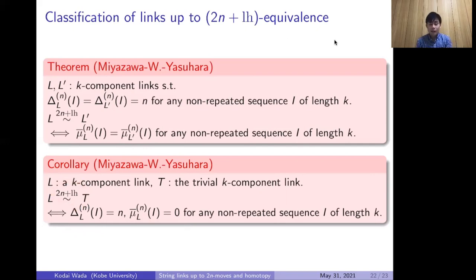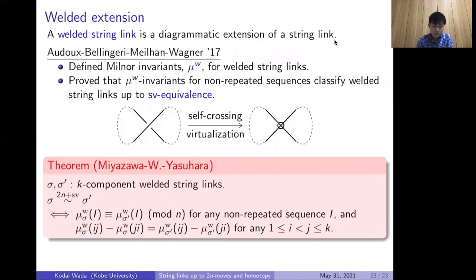Okay, finally, we give one comment concerning a virtual extension of our main classification result of string links. Consider a virtual string link, which is a diagrammatic extension of a classical string link in the 3-ball.